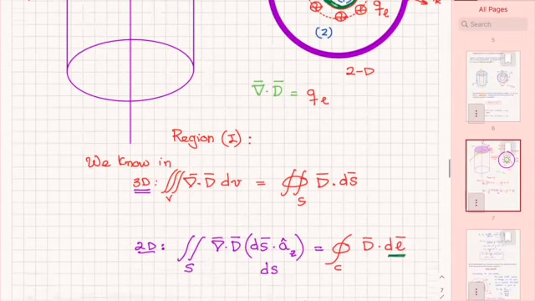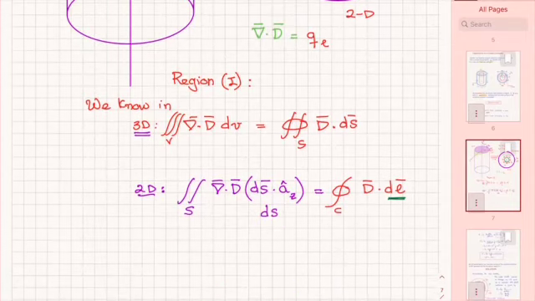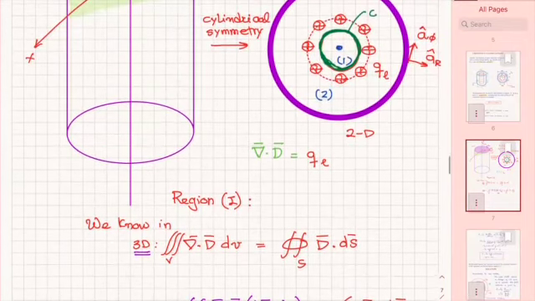Okay, so now we have defined the surface. We have transferred the direction from the surface to the line that encloses the surface, and we now have this integral here. Now, inside C, on this green surface, do we have any charges?